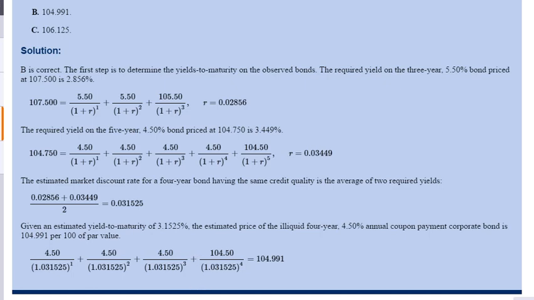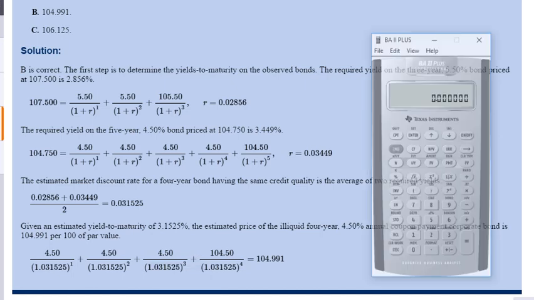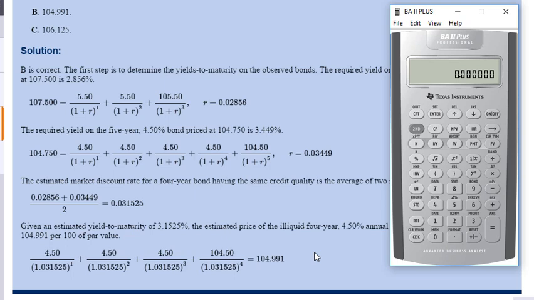Okay, so the final thing that we do is we calculate the price on our 4.5% for 4 years, 1, 2, 3, 4. And it's annual pay. So we're going to do 100 is our future value. Our payment is 4.5. We know that.